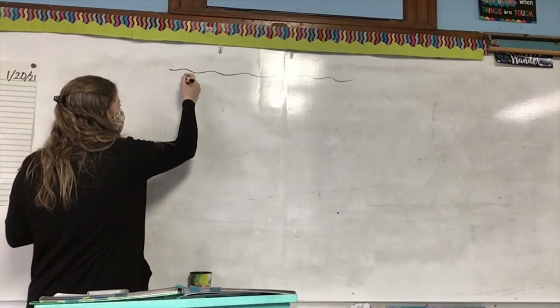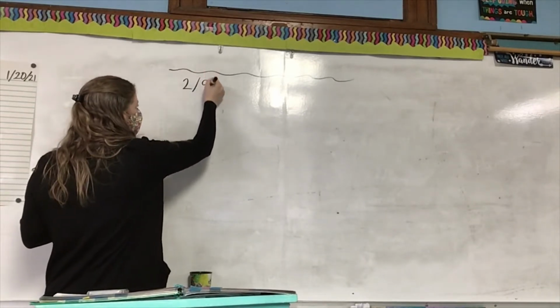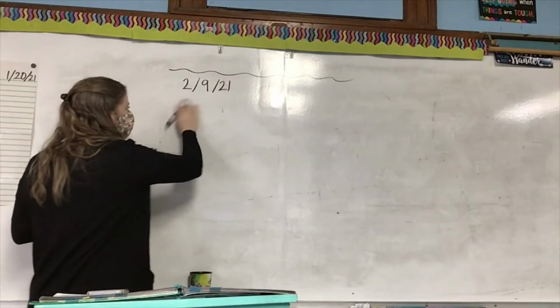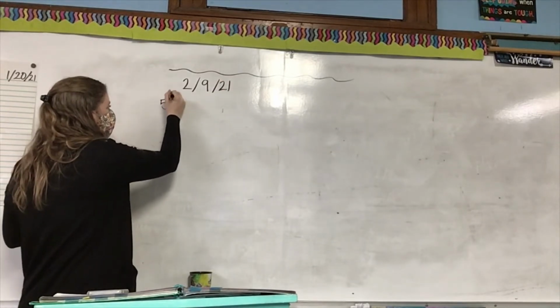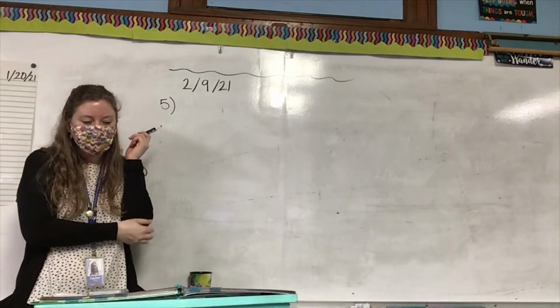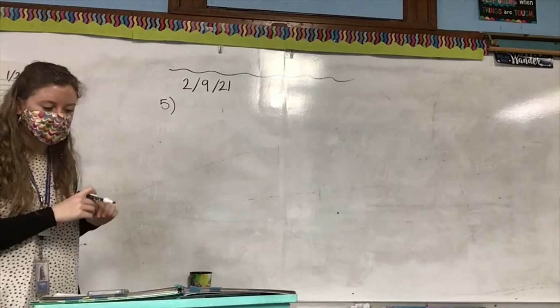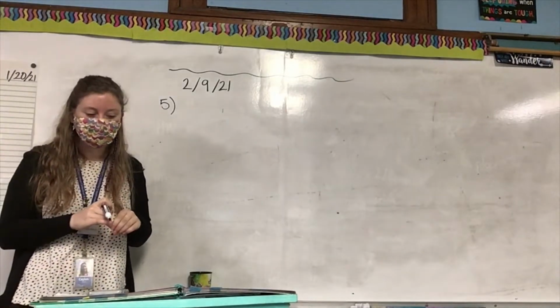And then today's date is February 9th, 2021, and we're going to be starting with number 5. You should have a squiggly line underneath number 4 from yesterday, today's date, and then we're going to start with number 5.